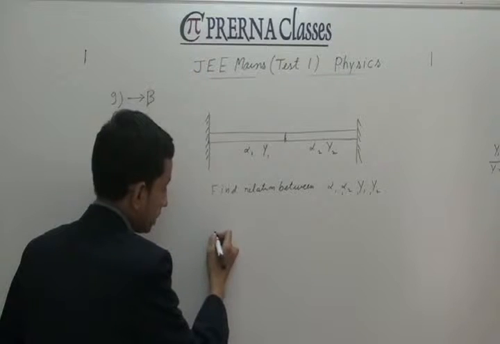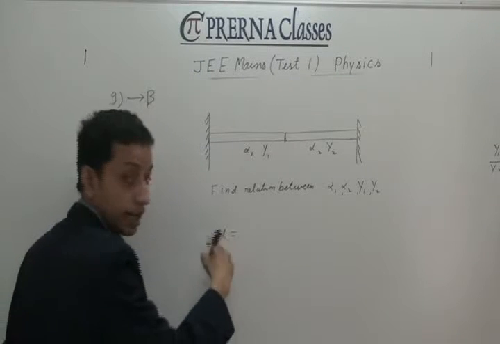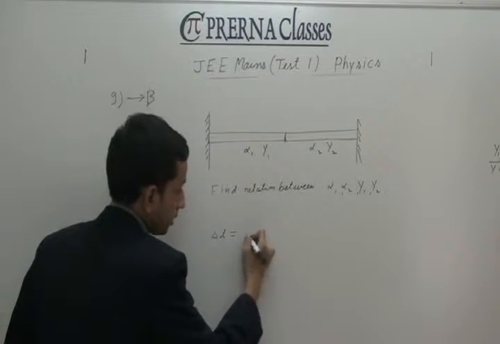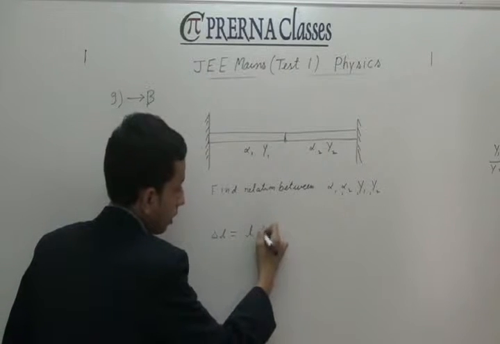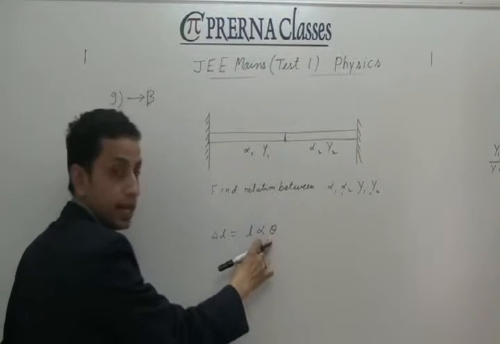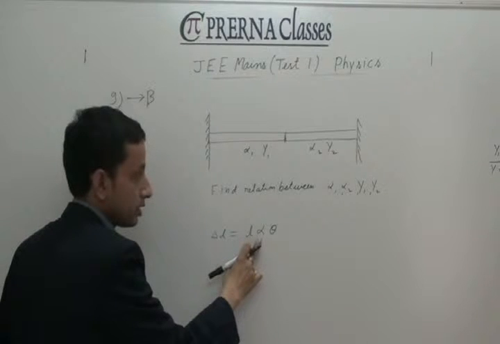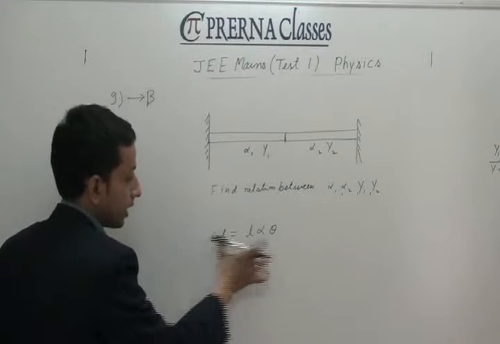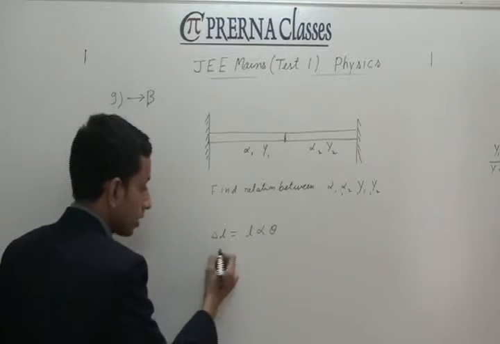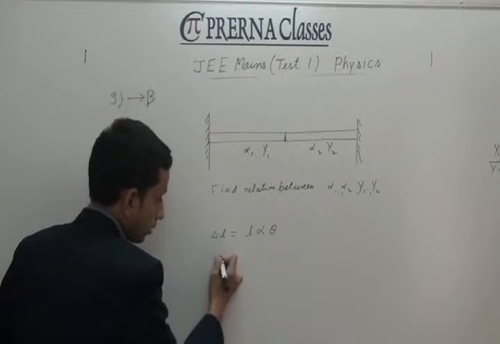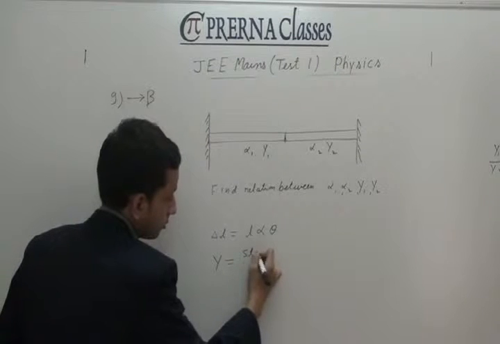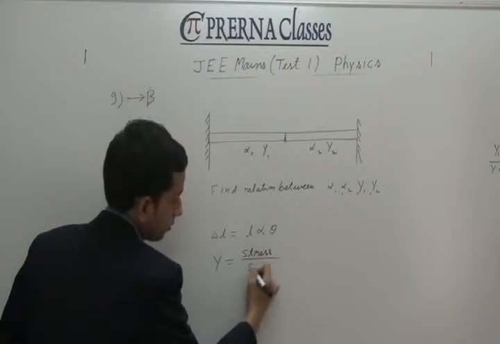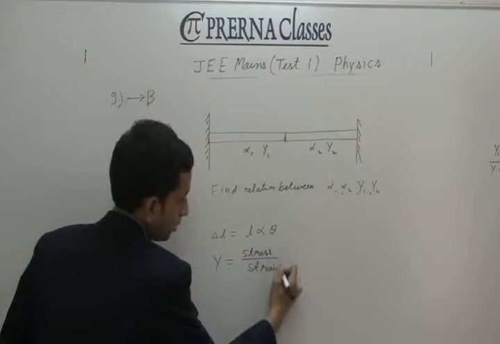We write the delta L, change in length by increase of temperature, that is L alpha theta. If theta is the increased temperature and alpha is the coefficient of linear expansion, L is length of rod. So we write delta L equal to this much, and Young's modulus is stress by strain.